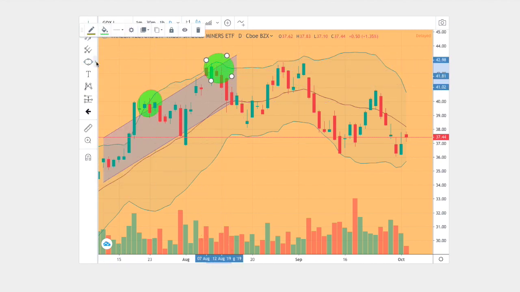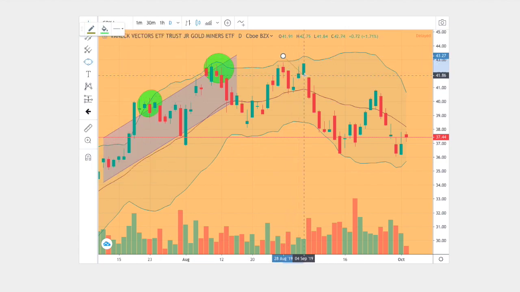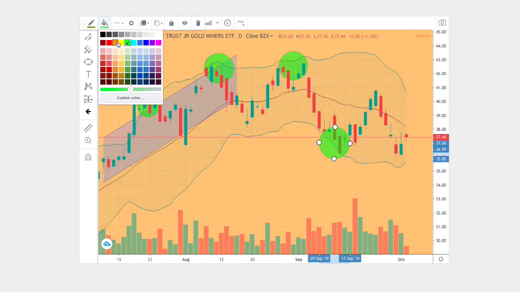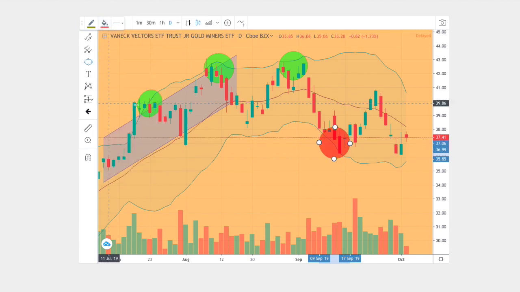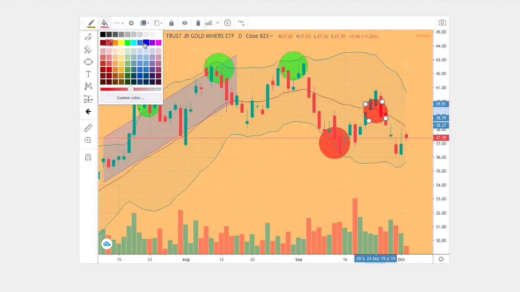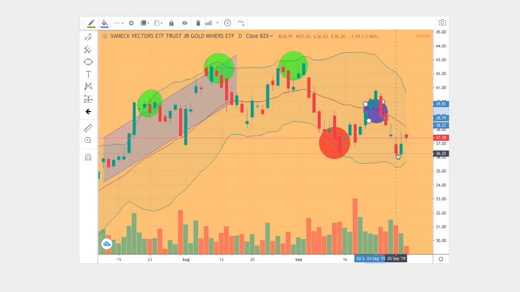And then finally, a third instance right towards the end, or in the middle, and then we proceeded to break down to touch the bottom Bollinger Band right there. Next we reverted back to the mean, got rejected, failed to close or approach the upper Bollinger Band. We got rejected once more, and we see another attempt to touch the middle Bollinger Band again.